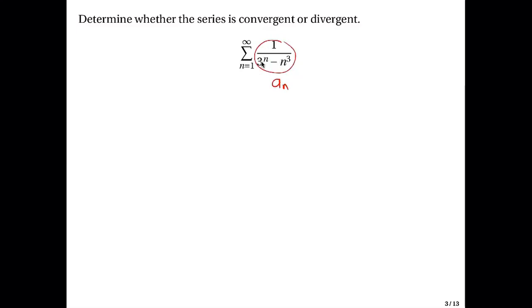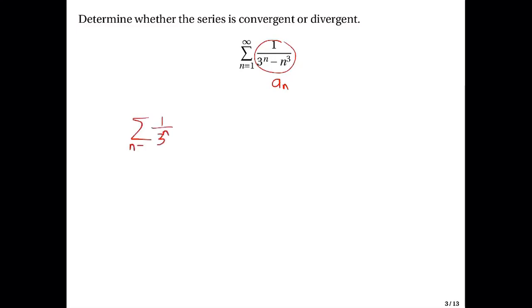So, pipiliin mo lang yung either 3 to the n or yung n cube. Tapos, pipiliin mo yung mas mabilis sa kanilang dalawa. At tulad ng sabi ko, mas mabilis yung exponentials compared sa mga polynomials. Yung candidate na bn mo will be 1 over 3 to the n.